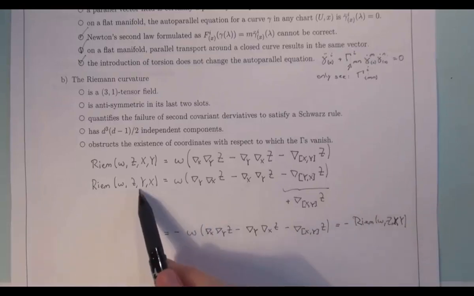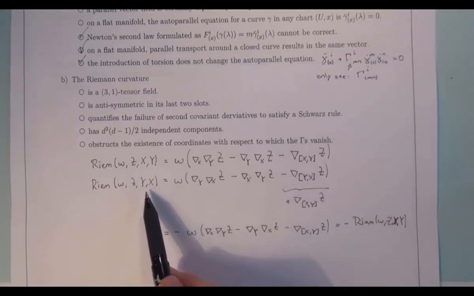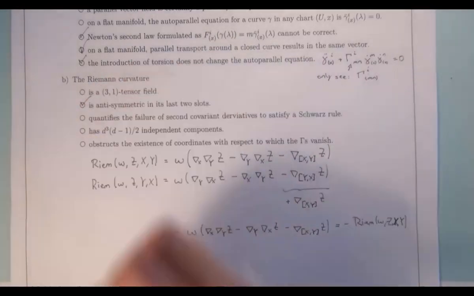So if we exchange the entries in the last two slots, we pick up a minus sign. This is the criterion for antisymmetry, so the statement is correct.